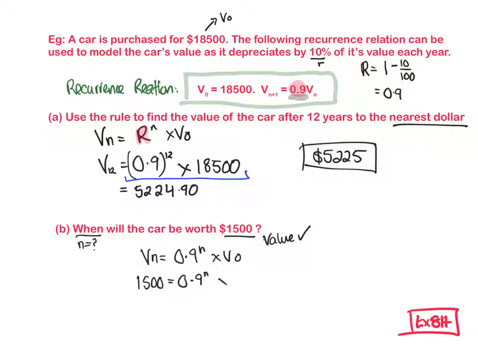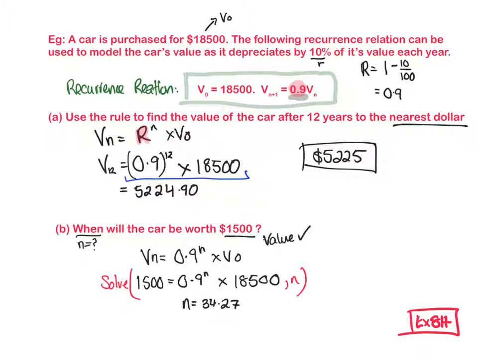N's the question, so I don't know that, and V0 I know. So this would be a case where we're going to use solve, comma n. And you'll get that n equals 34.27. So at 34.27, that's when it's reached 1,500.